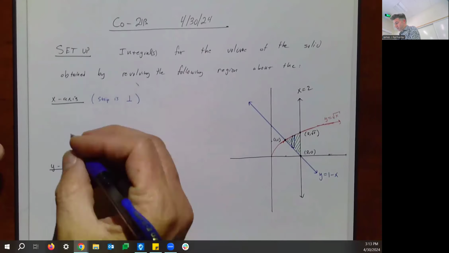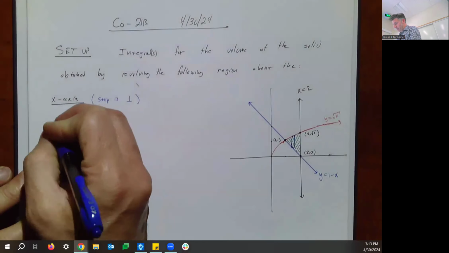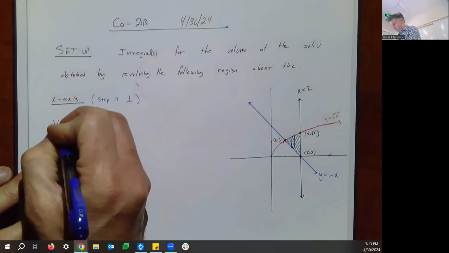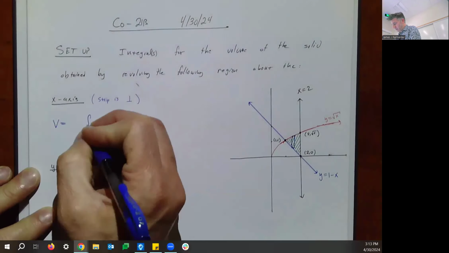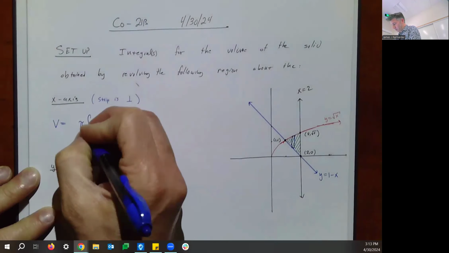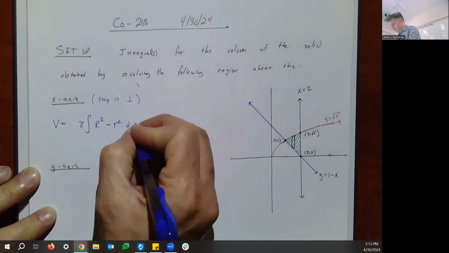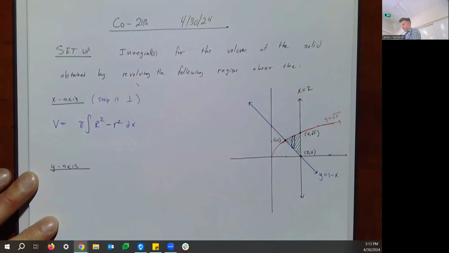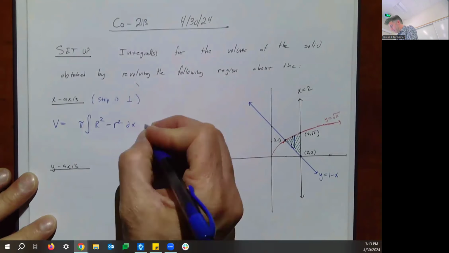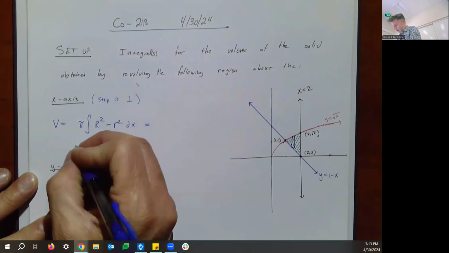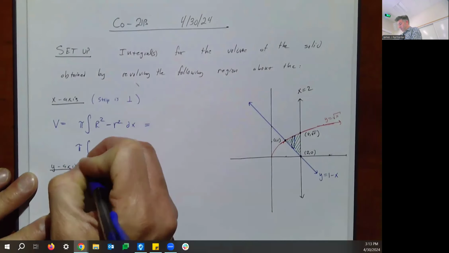Very generally, we're thinking about the volume being the integral of pi times your large radius squared minus your small radius squared dx. Specifically for this problem, that's going to be pi times the integral. We'll figure out the limits in a second.